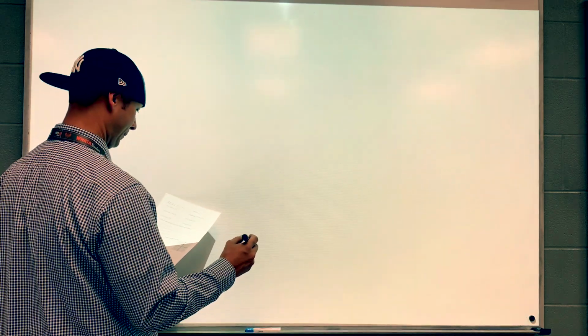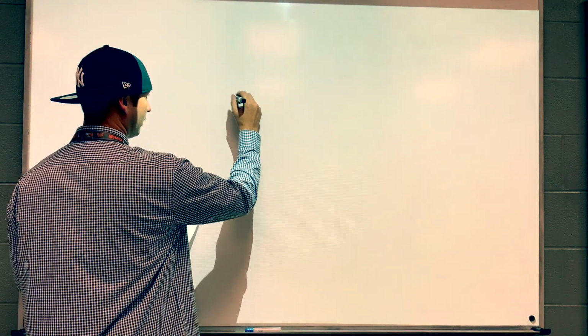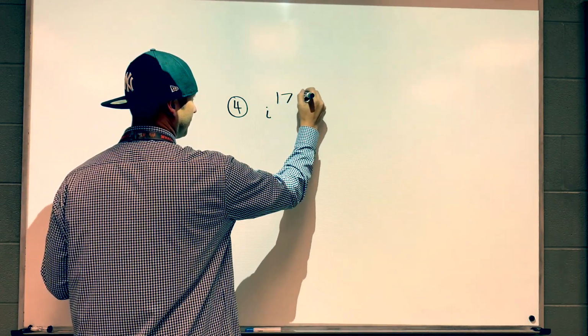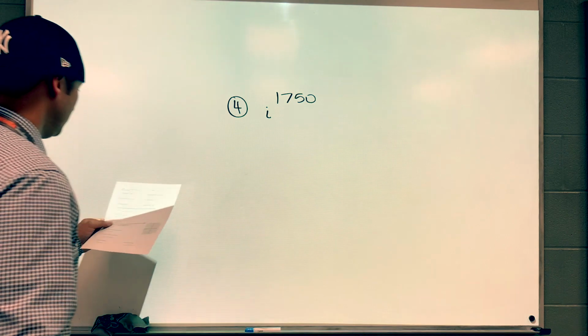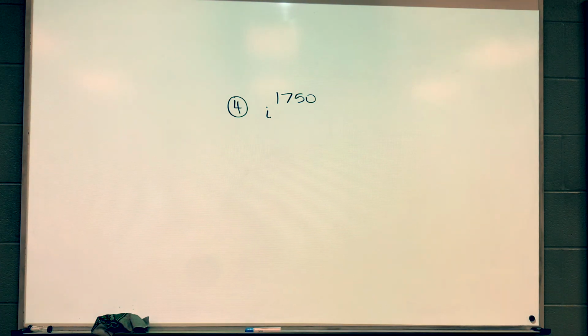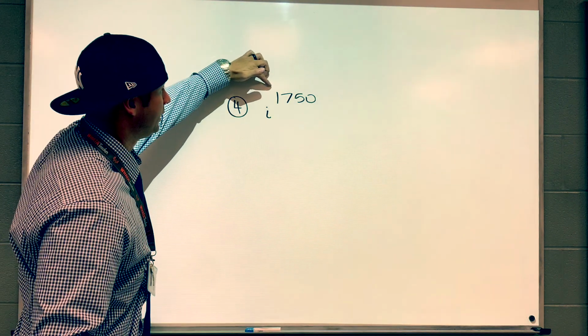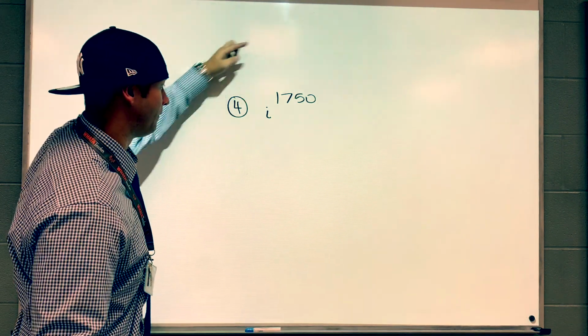All right, number 4. So I to the 1,750th power. All right, so what we have to do is divide this exponent by 4.